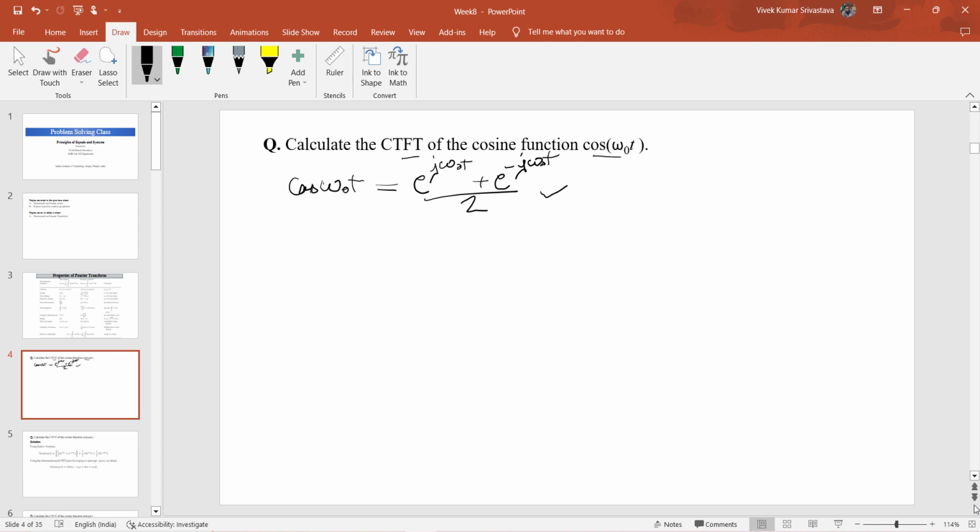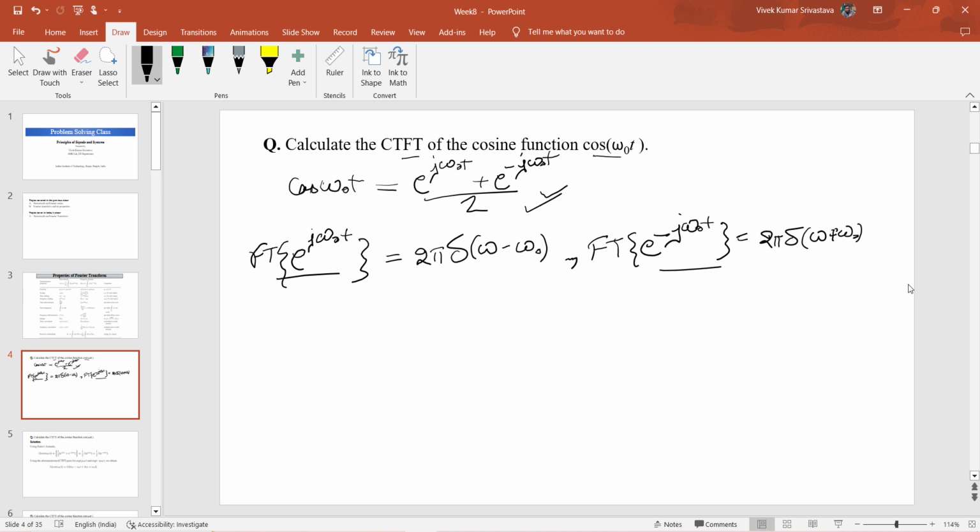As we know, the Fourier transform of e raised to the power j omega naught t is equal to 2 pi delta of omega minus omega naught. Similarly, the Fourier transform of e raised to the power minus j omega naught t is equal to 2 pi delta of omega plus omega naught.